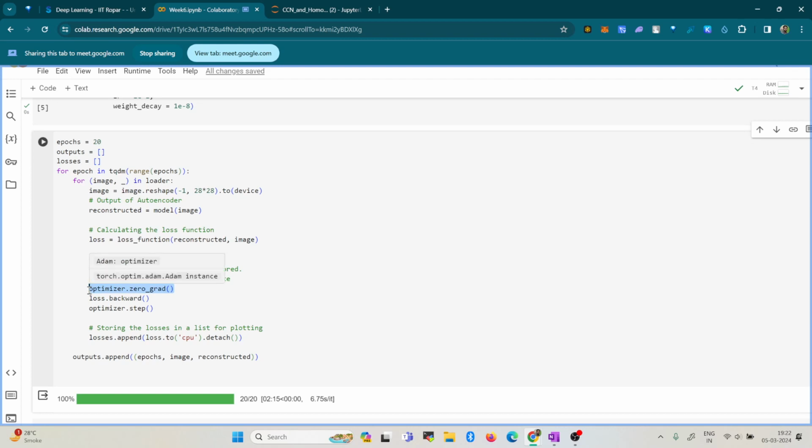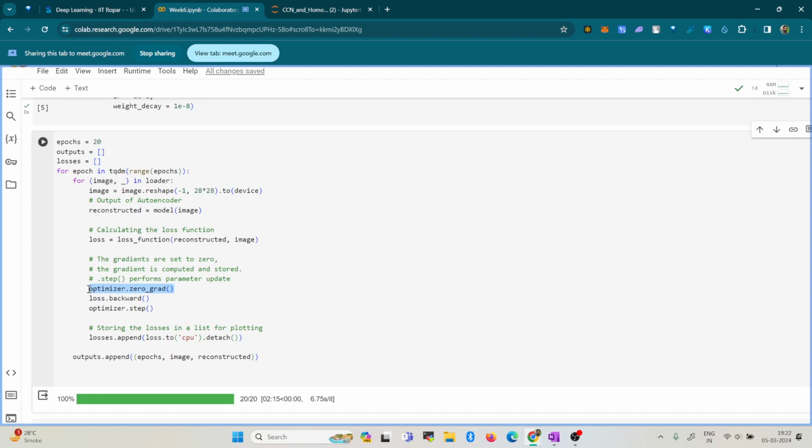Let's say you calculated your gradient for 512 points, and you don't include this line, optimizer dot zero grad. Next time you run this loop, it will obtain your gradient for another 512 points and add it to the previous gradient that you have obtained. This is a property of PyTorch.